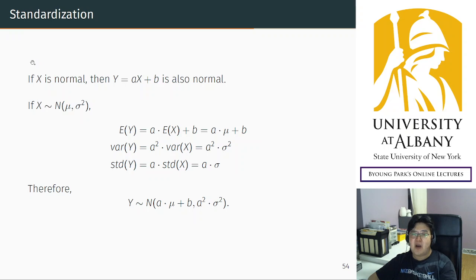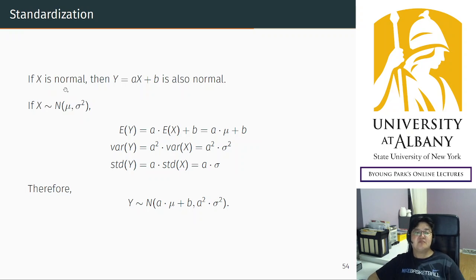This is a very powerful property of the normal distribution. You may think this is obvious, but actually it is not. For example, if you replace normal with binomial, it's not true. If X is binomial, then aX plus b is not guaranteed to be binomial.